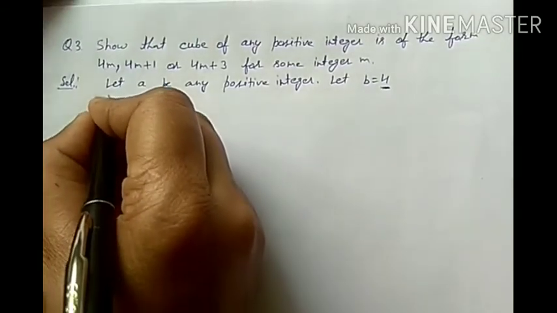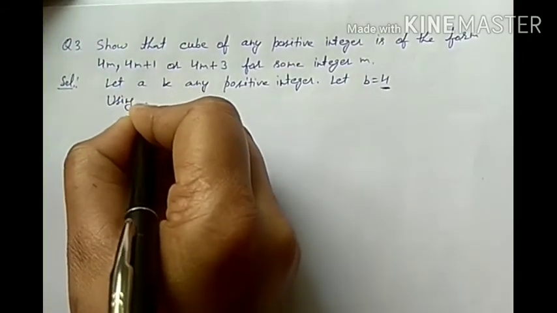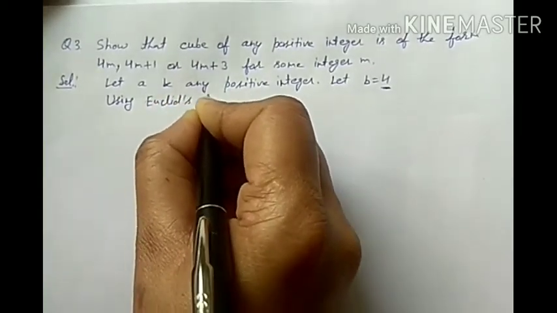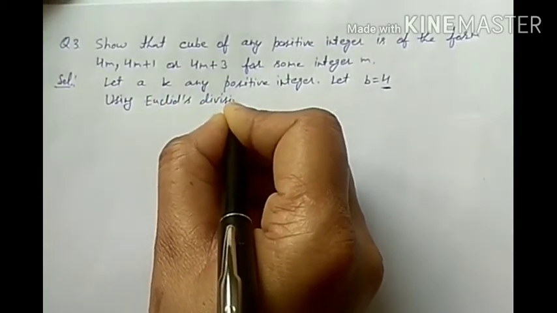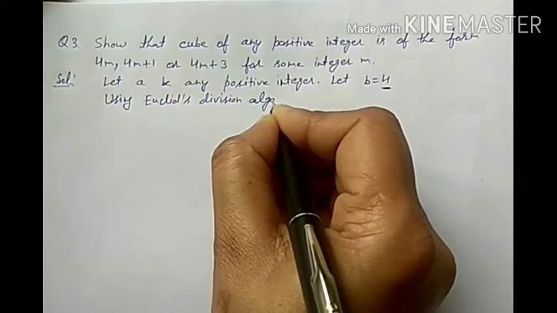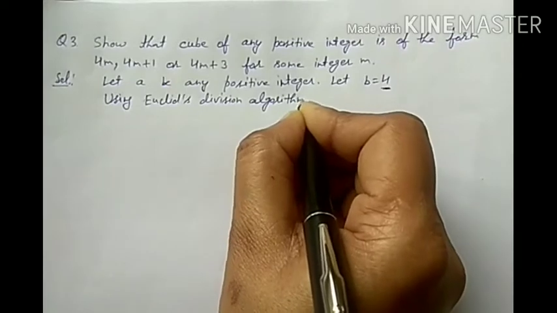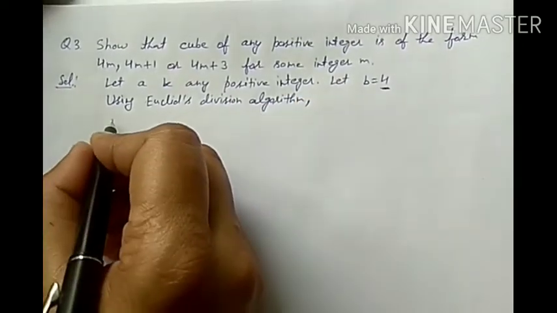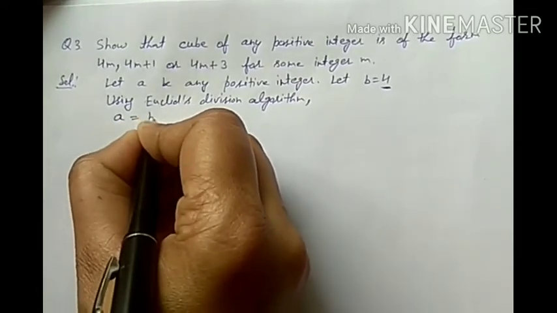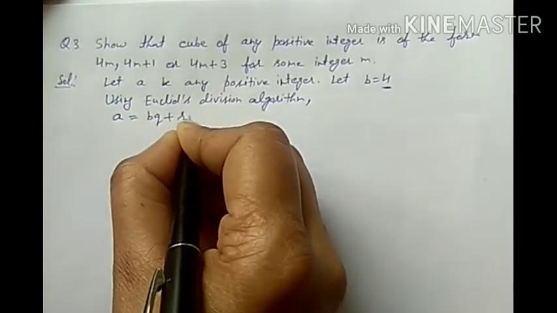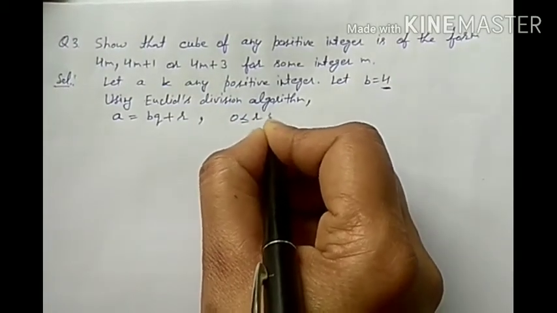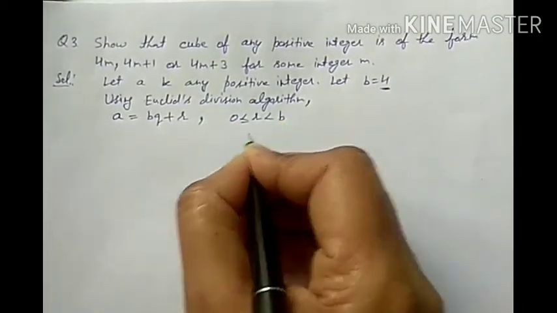So using Euclid's division lemma or algorithm, a is equal to bq plus r, where r is greater than or equal to 0 and less than our divisor.